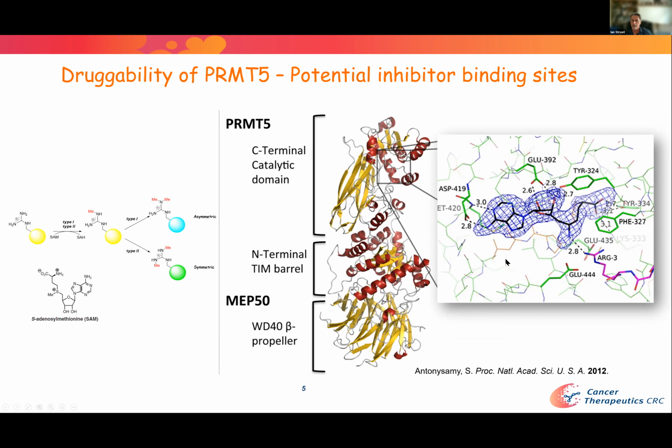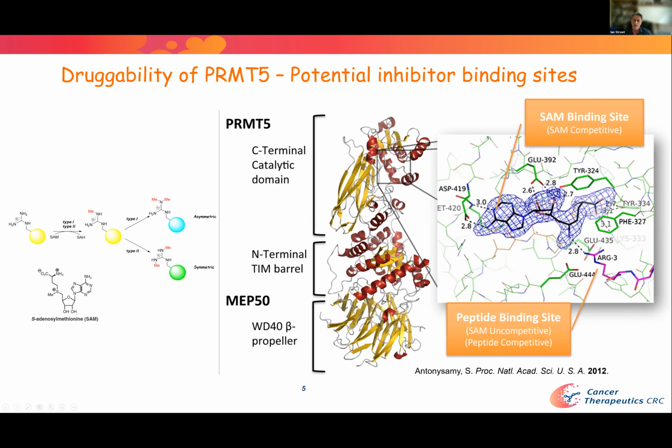But in our analysis, we also found that the groove down here towards the bottom of the structure, where the arginine peptide binds into the active site, was also likely to be a reasonable drug binding pocket. So this protein, in fact, got a big tick from a couple of points of view.